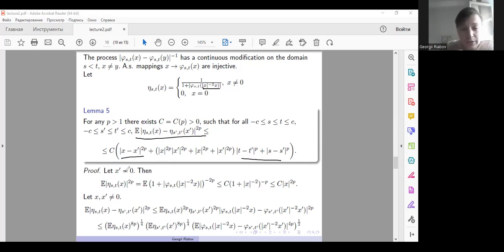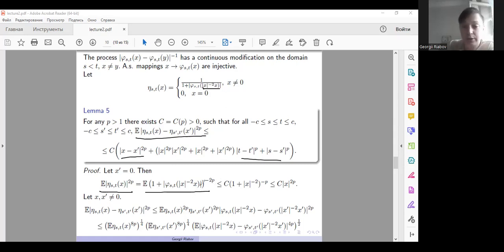So let's look at this estimate. It is very similar to lemma 4. However, here we can have the case when x is equal to 0. In this case, we just estimate the expectation of eta to the power 2p. This is the expectation of 1 plus the absolute value of phi, to the power minus 2p.